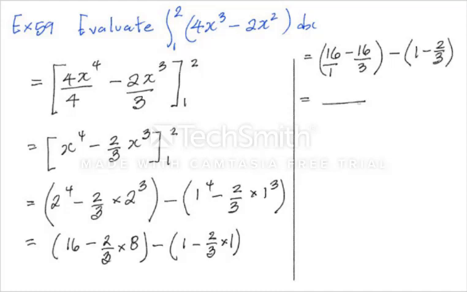This becomes 3, 1 to 3 is 3. 3 times 16, what is it, 48, minus 16, and this is minus 1/3. So I'm ending up with 22 minus 1 all over 3. The answer is 31 over 3.